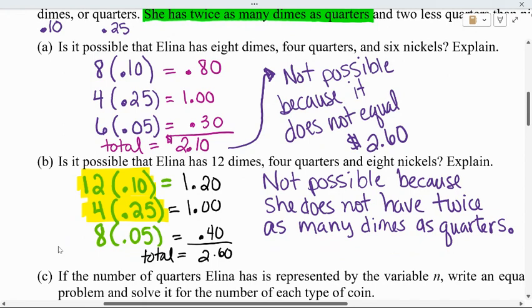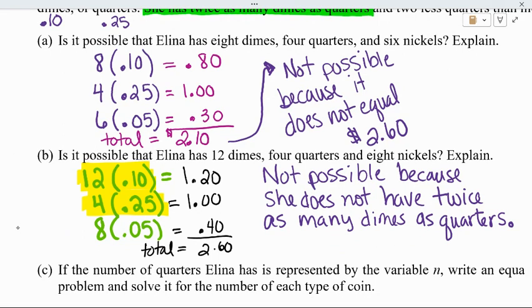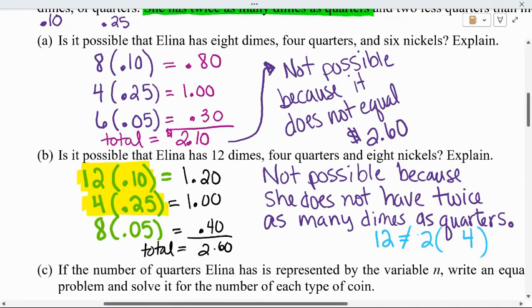And I'm going to write below that, just so you know, she has 12 and 4. 12 does not equal 2 times 4, right? Because that's what twice means, correct? So 12 does not equal 2 times 4. So that one's not possible either.